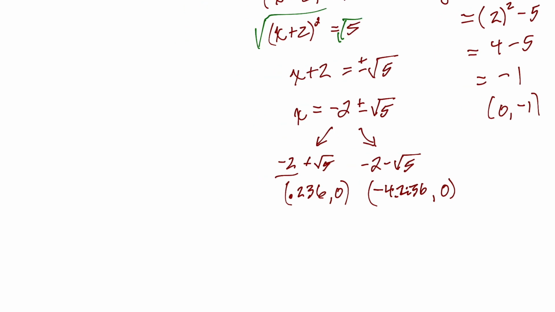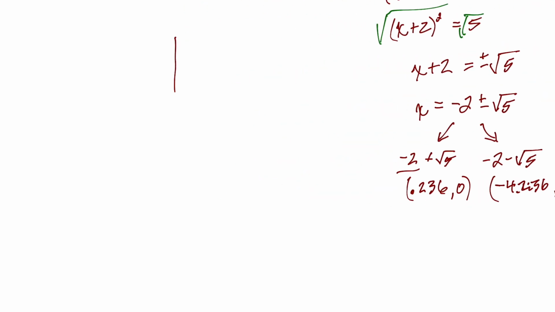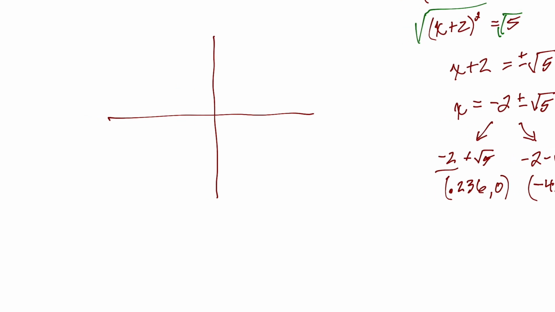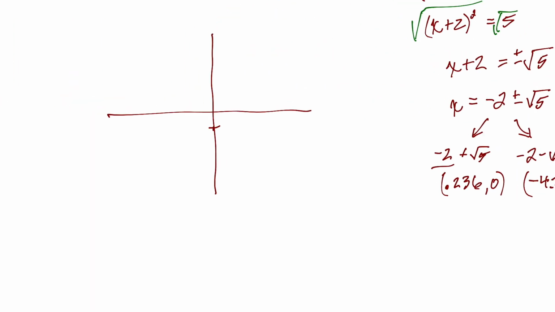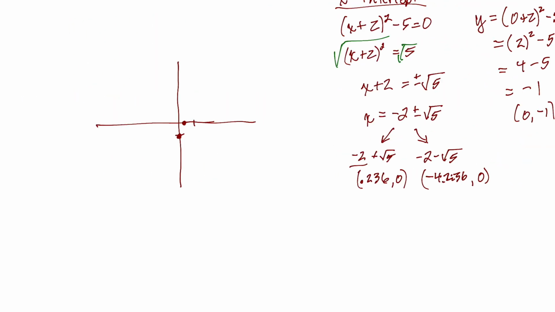Let's see. Can I sketch a graph? Suppose I can do a graph, right? And I know that 0, 1, no, 0, -1. 0, -1, that was the y-intercept. And let's see, 0.236, oops, I have erase on. 0.236, that's out here. And the other x-intercept was negative 4.236.